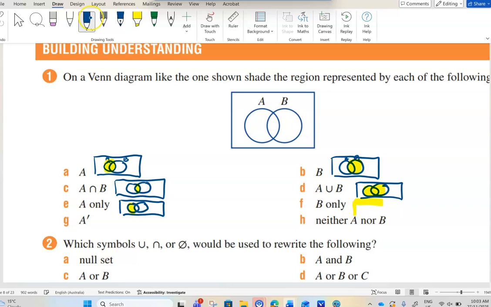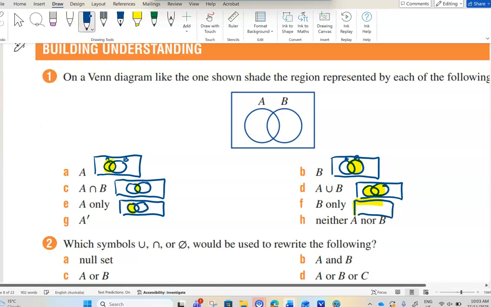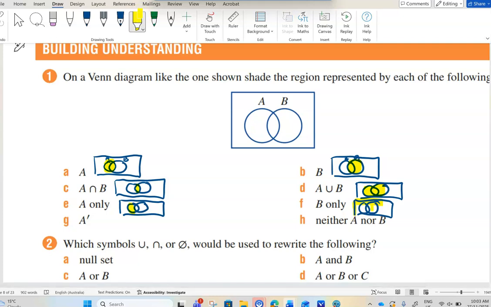And if it's B only, it's only going to be what's B. If we do neither A or B, that's going to be all this outside area, like that.